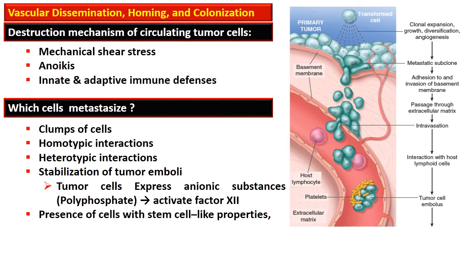The clump of cells may contain some tumor cells with stem cell-like properties, which may contribute to unrestricted growth and plasticity of the tumor cell, and these characteristics favor the malignant cell to survive and to flourish in the new microenvironment.